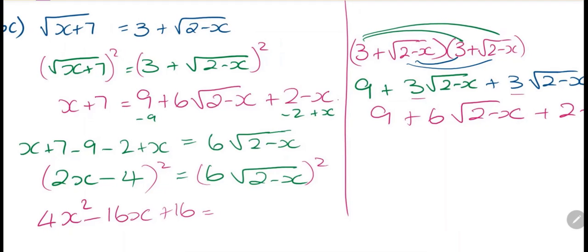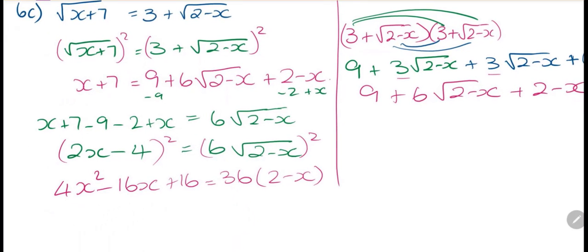And then on the right hand side, remember 6 is squared, so it's going to be 36, and this is just going to eliminate the radical sign. So just multiplying out, 36 times 2 is 72, and this is 36x.